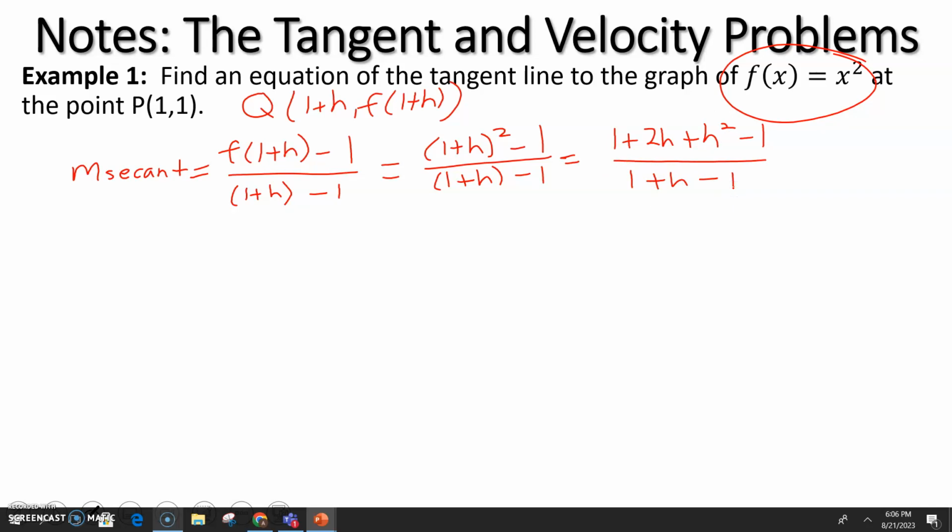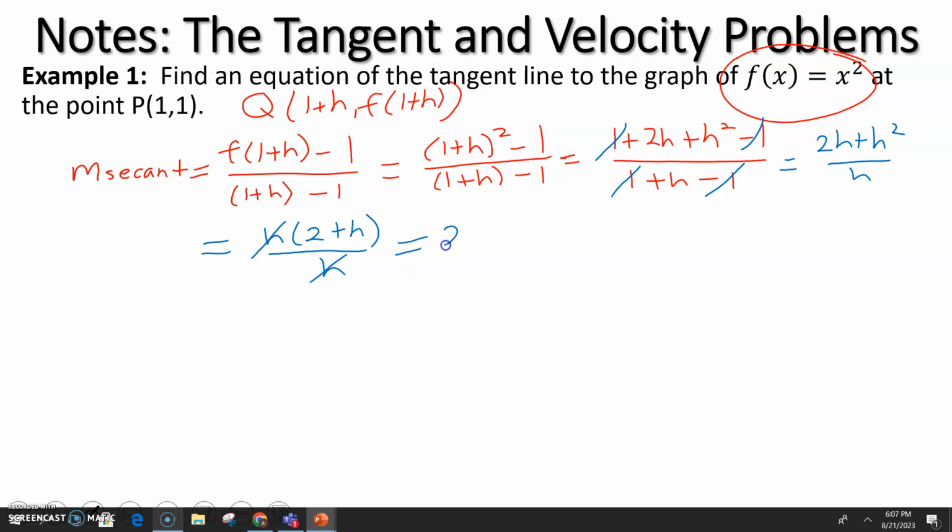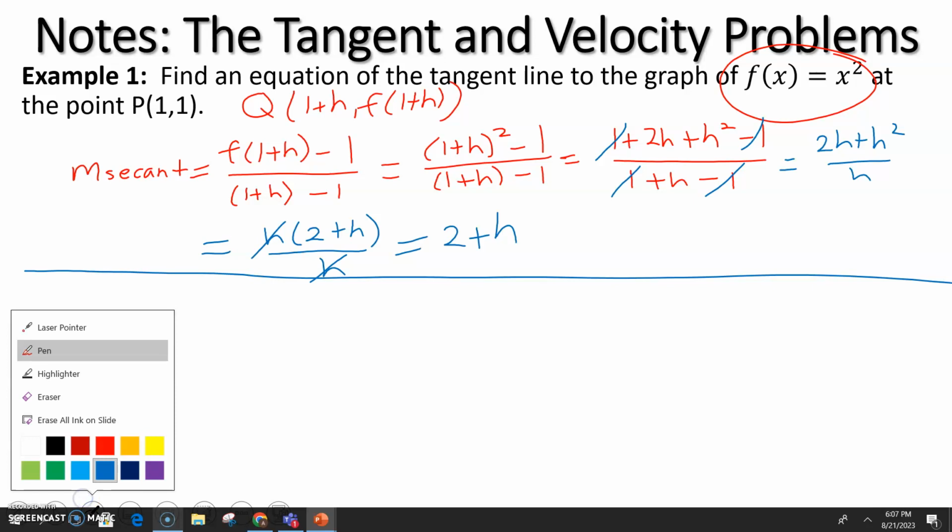You'll notice that the 1's in the numerator and the denominator cancel, because 1 minus 1 is 0 in the numerator and 1 minus 1 is 0 in the denominator. We're left with 2h plus h squared over h. Factoring out the h in the numerator, we're left with h times 2 plus h over h. The h's cancel, leaving us with 2 plus h. Now that's what we learned on Friday.